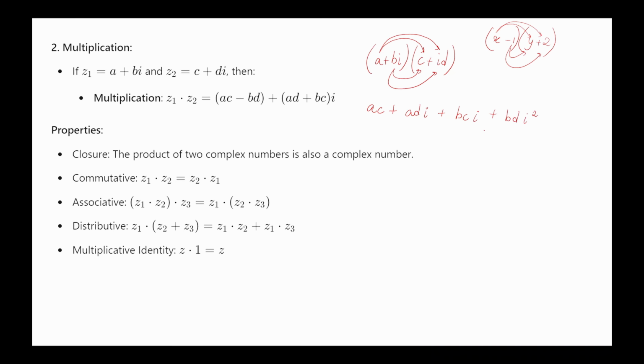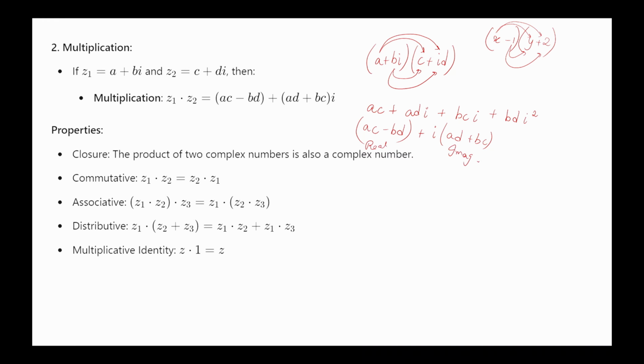So iota square would simply become minus 1. So I would have ac minus bd plus, if I take iota common, ad plus bc iota. So this is how I can separate my multiplication also into the real part and the imaginary part.